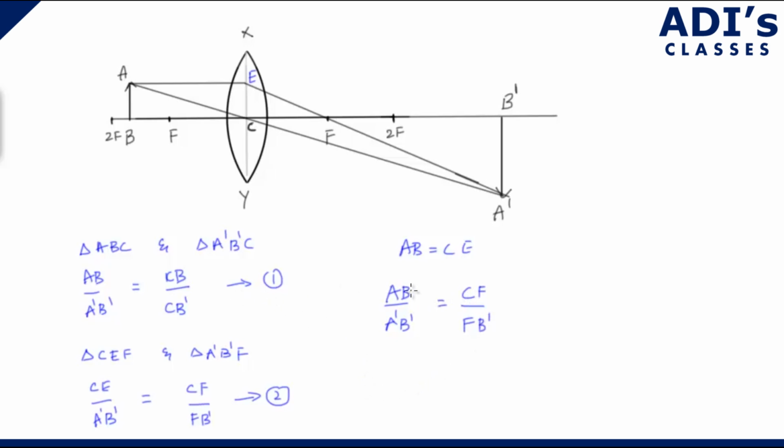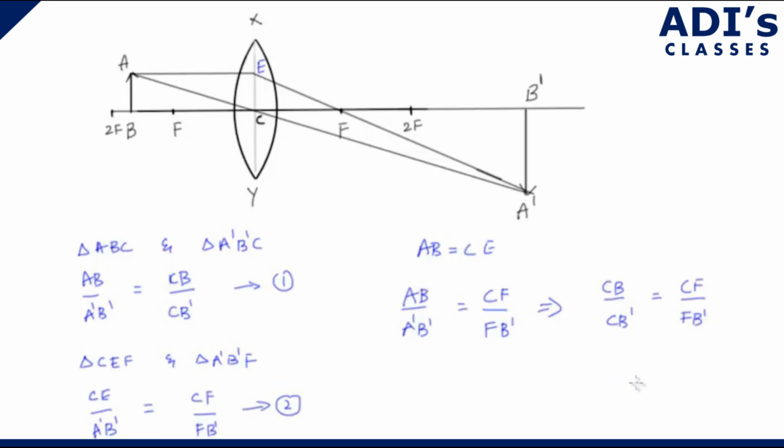Now look at equation 1 and this equation. The LHS is the same, so we can equate the RHS, right? So from this, CB divided by CB dash is equal to CF divided by FB dash. This is what we get.